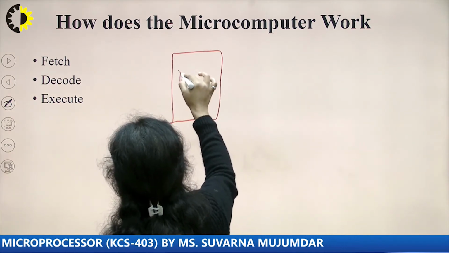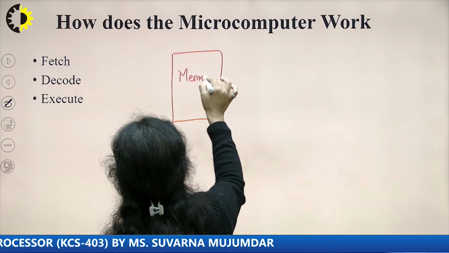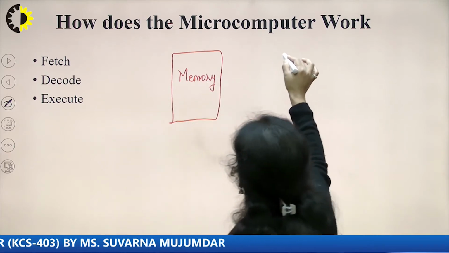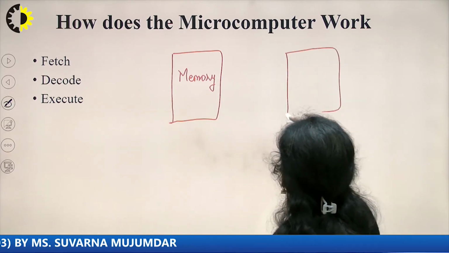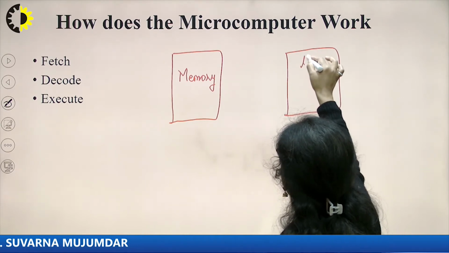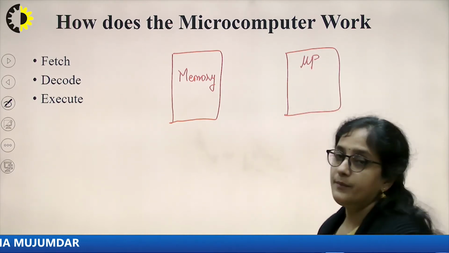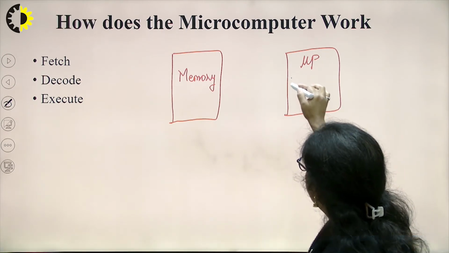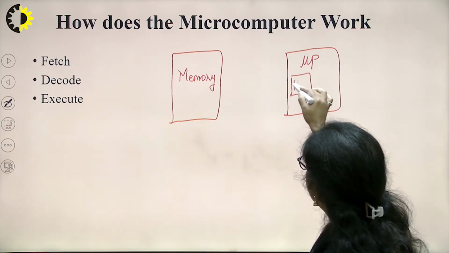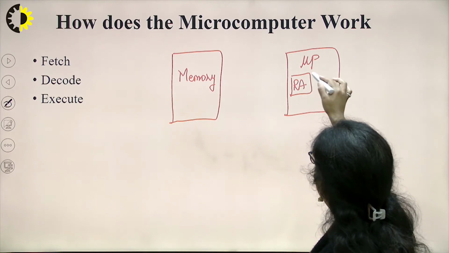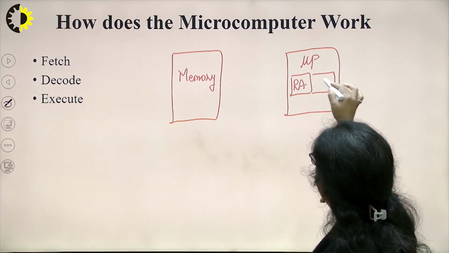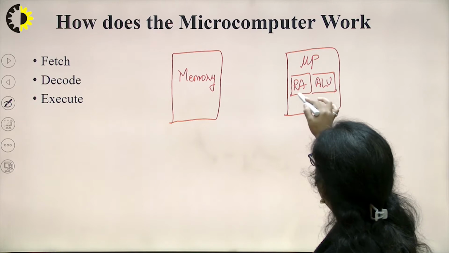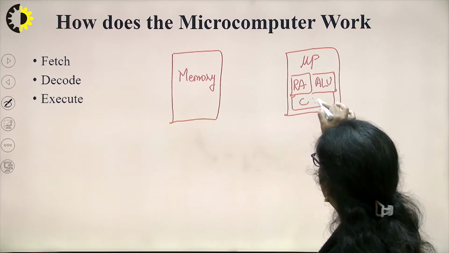So let us take this as our memory unit, and this as our microprocessor. This microprocessor has a register array, ALU, and control unit.